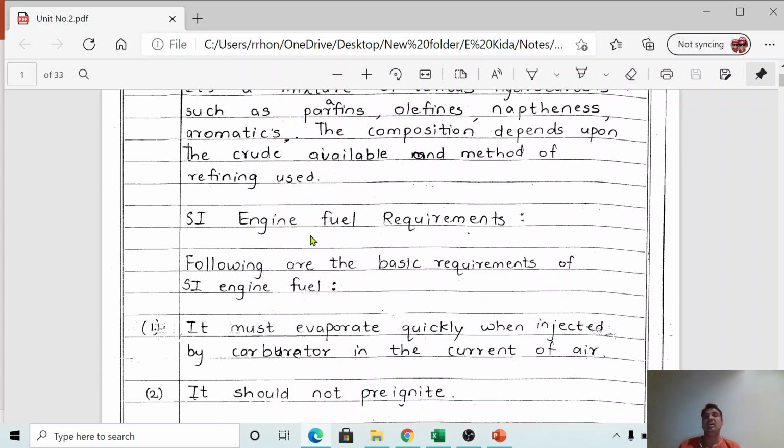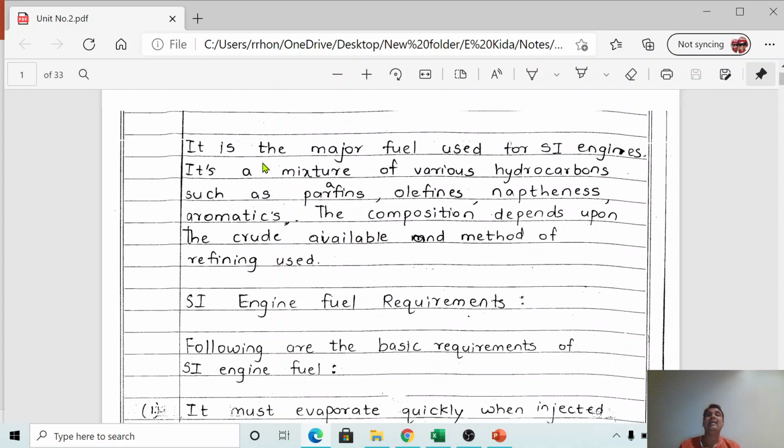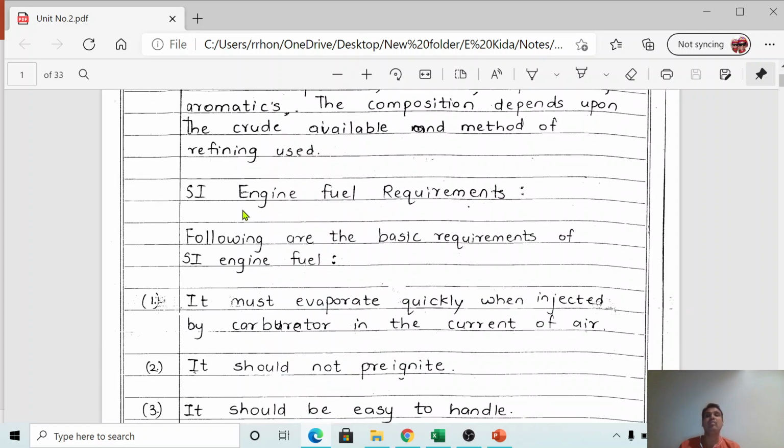Here you will get the answer. SI engine has some specific fuel requirements, and these requirements are fulfilled only by petrol or gasoline. That's why this is one of the major fuels of SI engine. So what are those requirements?